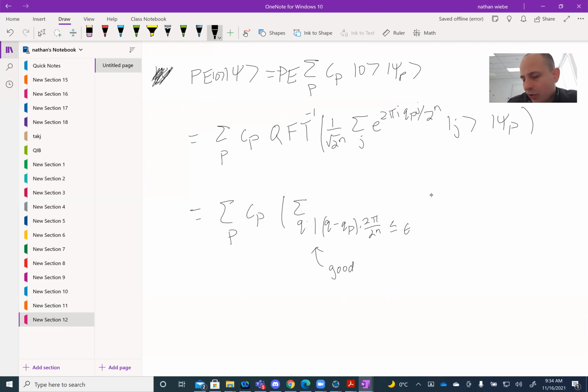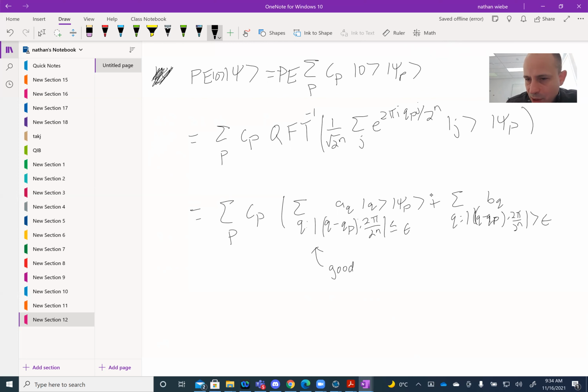I'll refer to the coefficients that we get for the expansion of the state as a_q, with psi_p over here, plus the sum over q such that, you guessed it, it's the other way around: the absolute value of q minus q_p times 2π over 2^n is greater than epsilon.